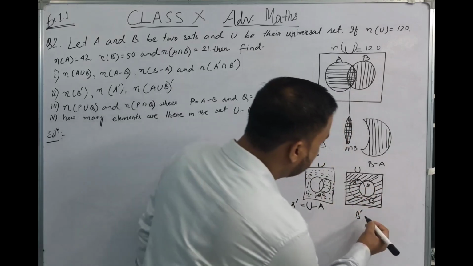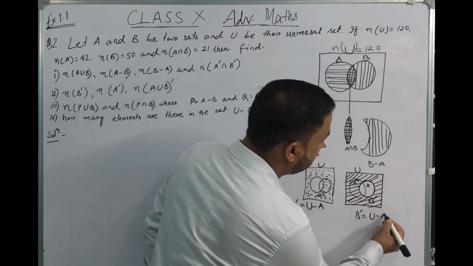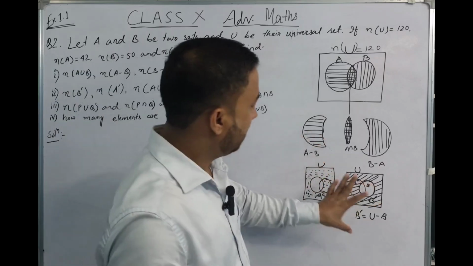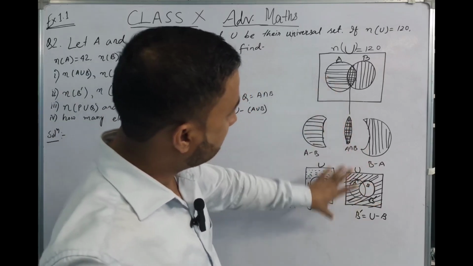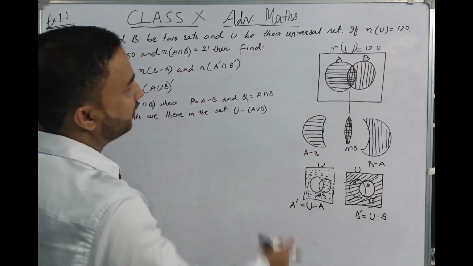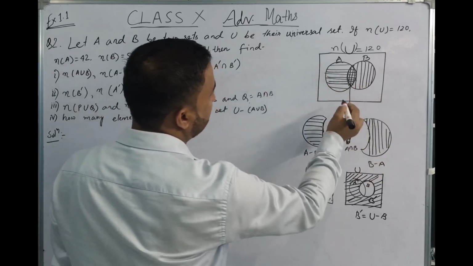This is B complement, or we can say U difference B. So you have to make this Venn diagram from this question. You can have this Venn diagram.